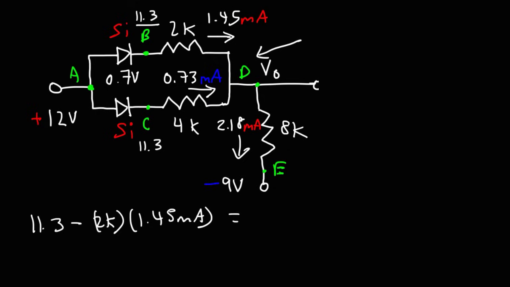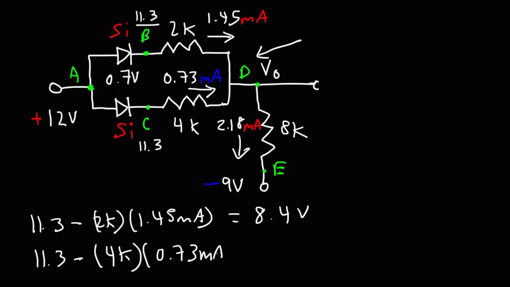So 11.3 minus 2 times 1.45 gives us a potential of 8.4 volts. So we can also get that answer going through this branch from point C to point D. So the potential at point C is 11.3. We have a 4 kilo ohm resistor and a current of 0.73 milliamps. And that gives us 8.38, which rounds to 8.4.